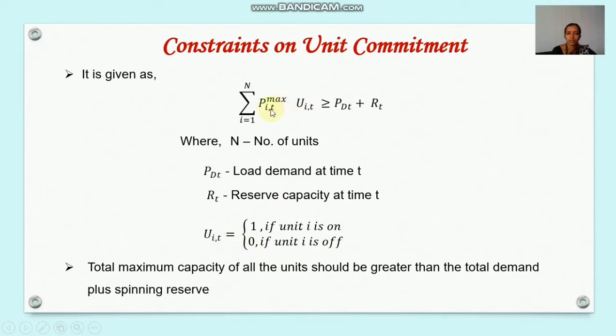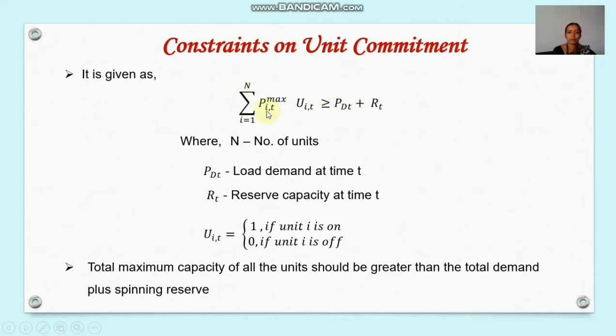So if the unit is on, its power gets multiplied with 1. If it is off, its power gets multiplied with 0. So that means in the left hand side, this summation will add up the power of all the units which are turned on. അതായത് ഓൺ ആയിരിക്കുന്ന എല്ലാ യൂണിറ്റ്സിൻ്റെയും കൂടി മാക്സിമം റേറ്റിംഗിൻ്റെ സം എന്ന് പറയുന്നത് എന്തിനേക്കാളും കൂടുതലായിരിക്കണം? ഡിമാൻഡ് പ്ലസ് റിസർവിനെ സപ്ലൈ ചെയ്യാൻ കേപ്പബിൾ ആയിരിക്കണം, or it should be greater than that.